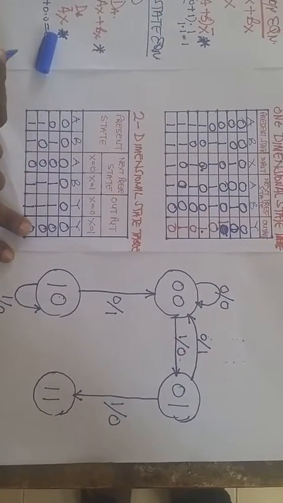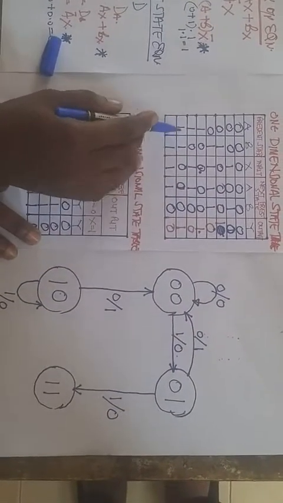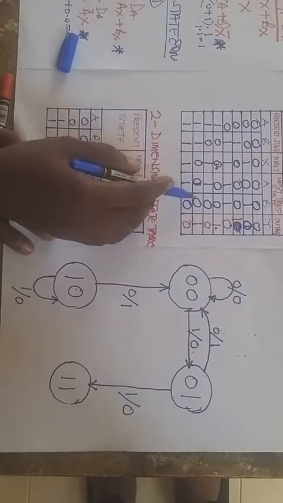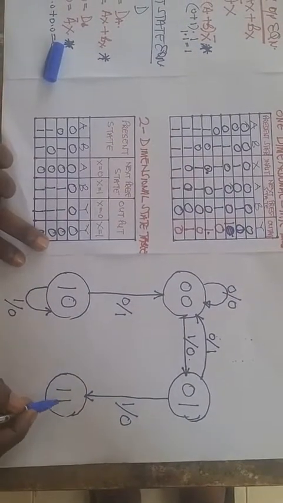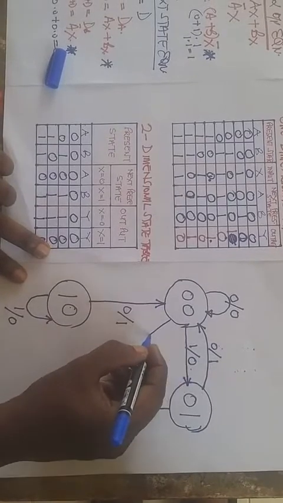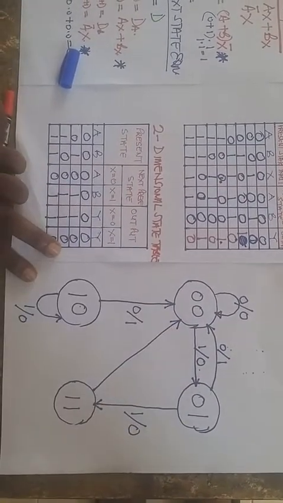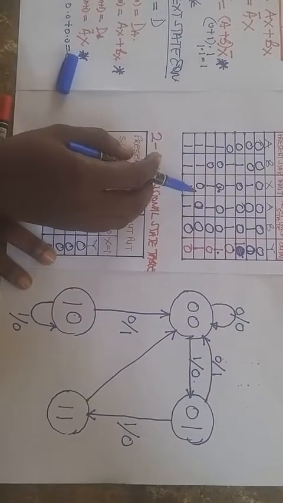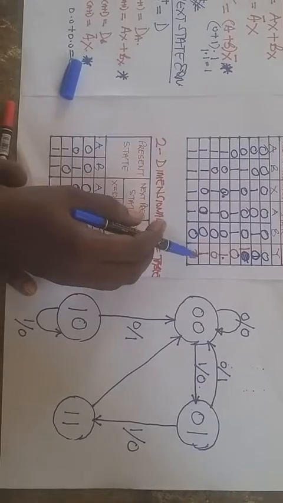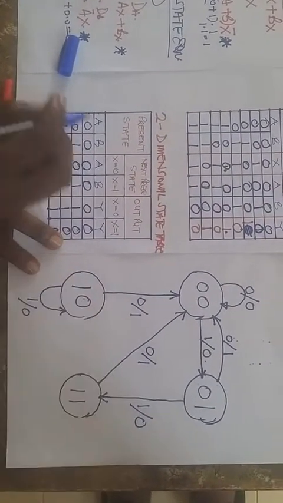Now we are here at 11, it transitions to 00 when the input is 0. So at 11, it transitions to 00. The input that causes that transition is 0, and the output is 1.